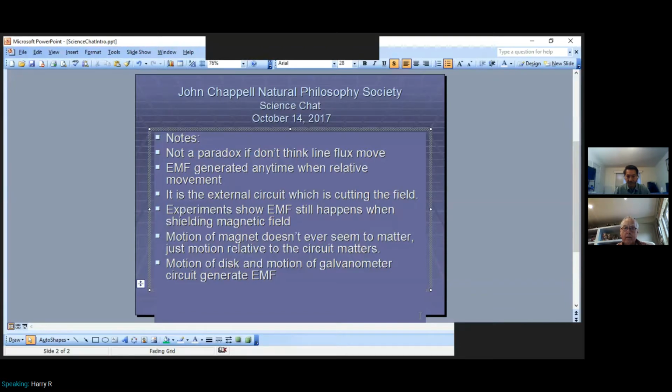The paradox arises because, somehow or another within the last 20 or 30 years, the mainstream people decided to call it Faraday's paradox. And why they decided to do that is kind of a mystery to me.